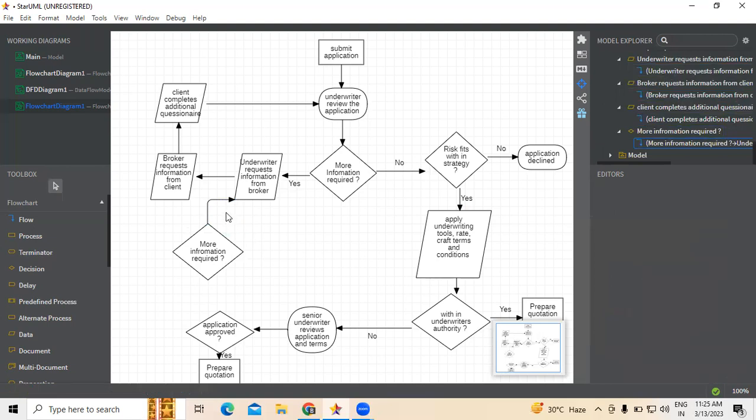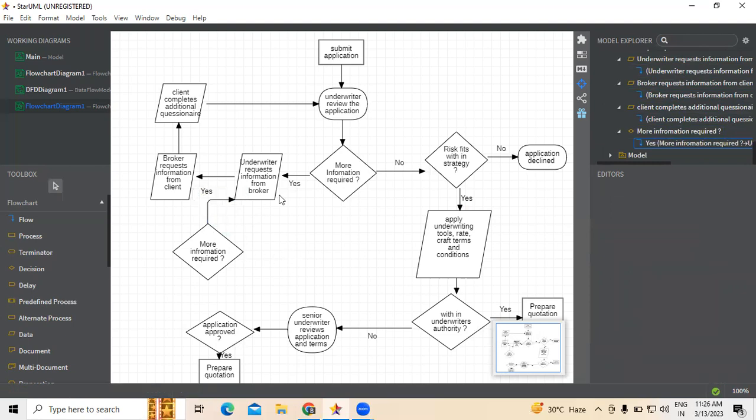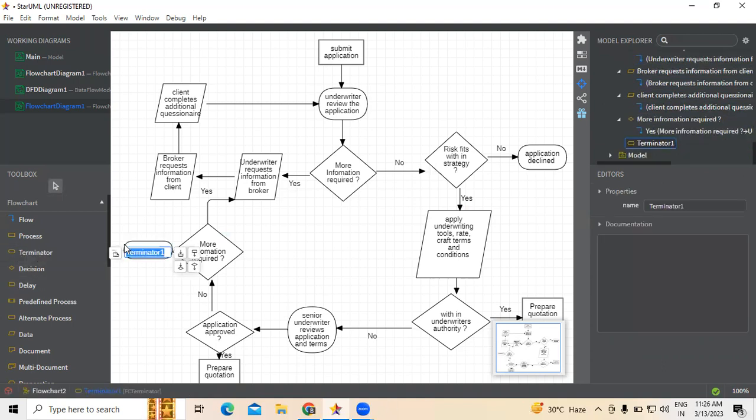So this is what it was. If it is yes, more information is required, so it will go back to that. If it is no, automatically the application goes the no way. Now, if the more information required is asked for by the underwriter from the requested party and the answer is no, automatically the quote will be declined.